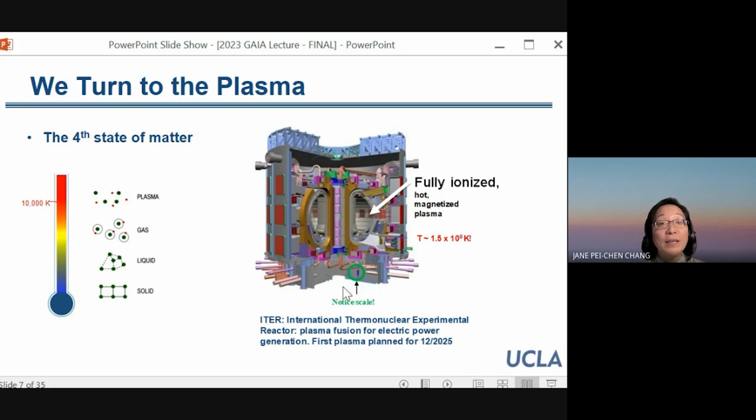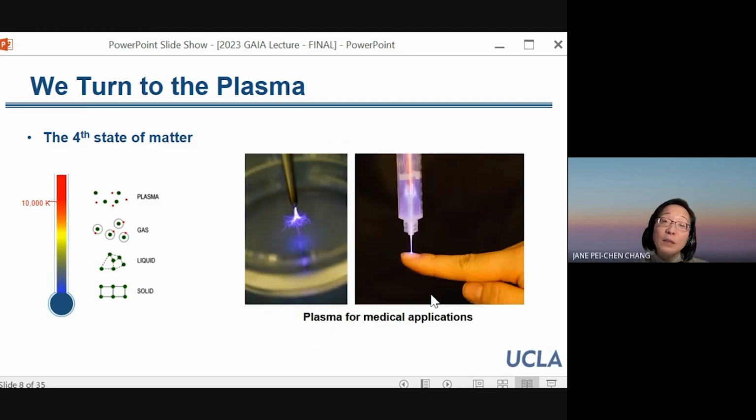These are shown in here to the scale of a person. We have also made very small microplasma jet systems, and some of these have medical applications. They can be used to treat wound, and some of these have been tested to treat aerosol that lands on surfaces during the pandemic. So they are used for medical applications.